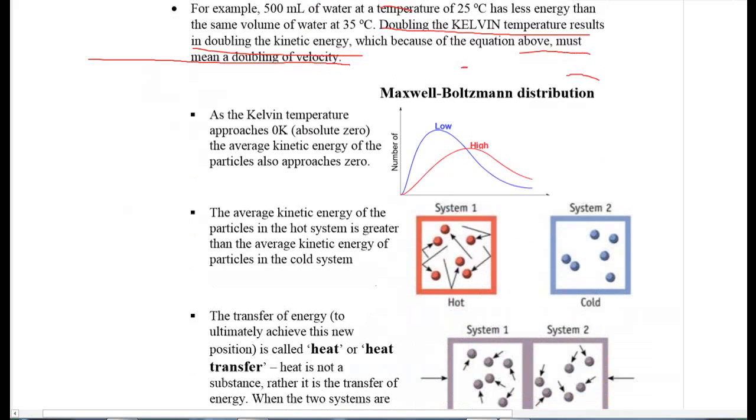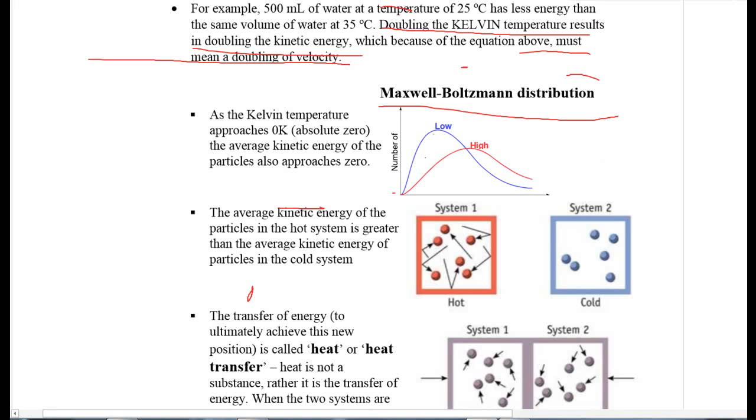Okay. So here is the diagram you should all be familiar with, the Maxwell-Boltzmann diagram. And what this shows is, first of all, if I have no energy, I have no particles there, right?